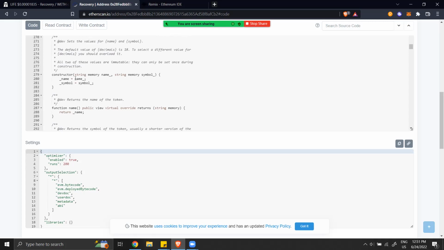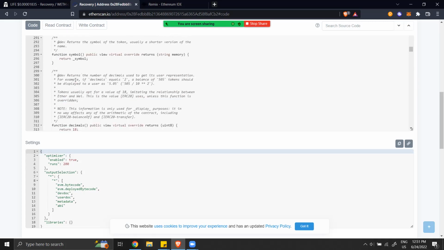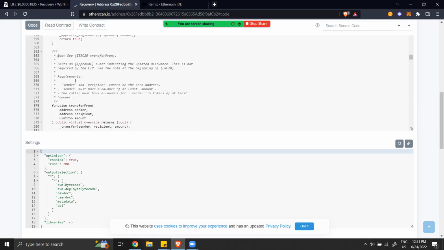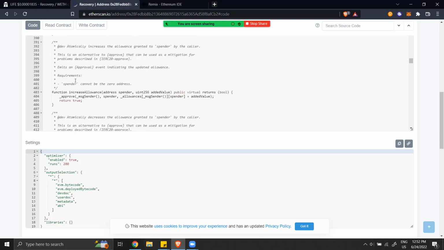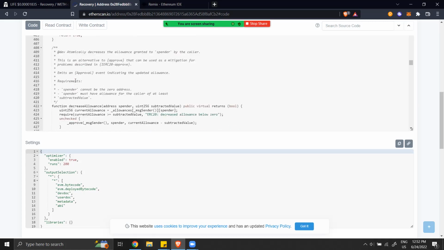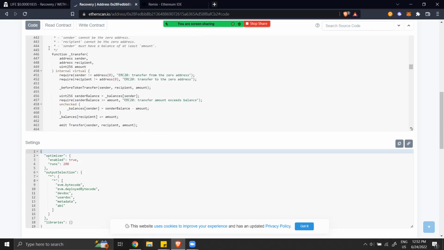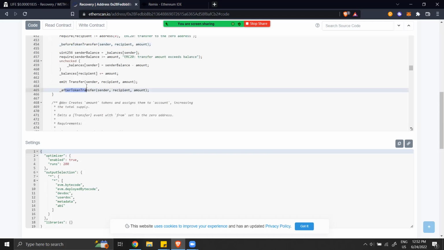In this ERC20, they added two hook functions: afterTokenTransfer and beforeTokenTransfer. What it means is that each time someone does a transfer, first the function beforeTokenTransfer will be executed, and at the end, after it happened, the function afterTokenTransfer will be called.